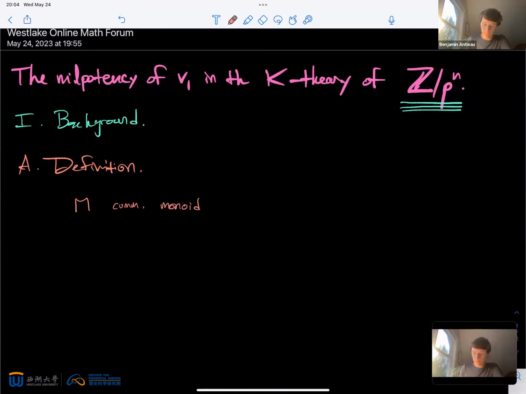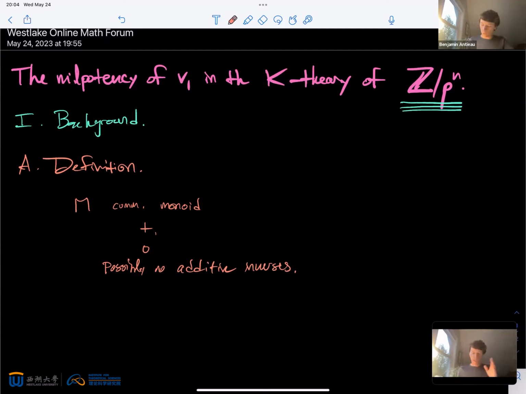That means it has an operation plus, and an element 0 which is an additive identity, and it's associative, but it possibly doesn't have inverses. There are possibly not negatives of elements, so possibly no additive inverses. This is just a basic algebraic structure.